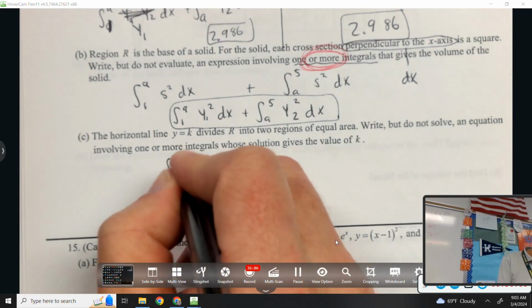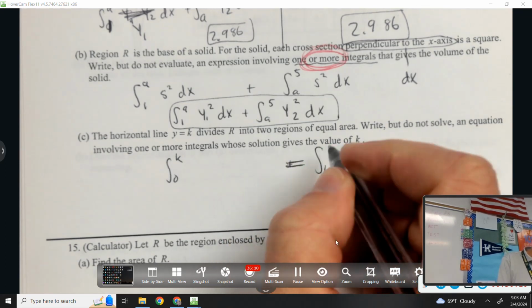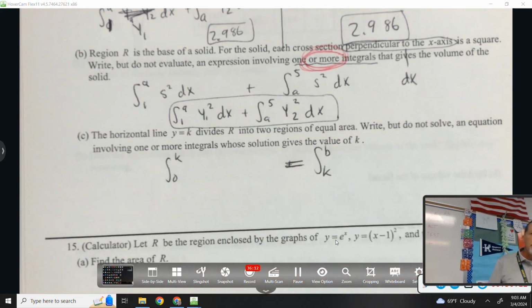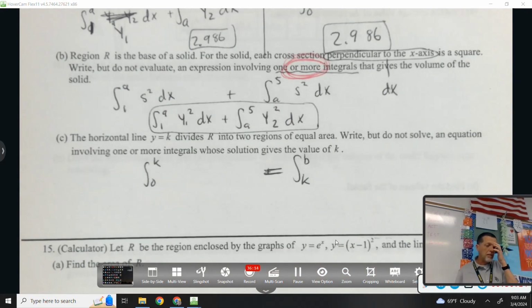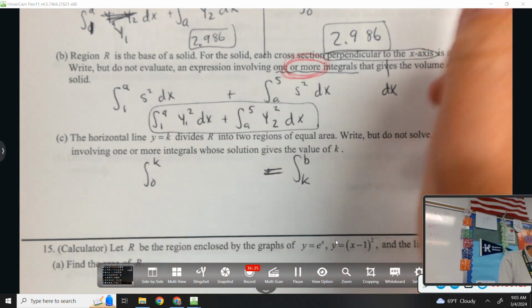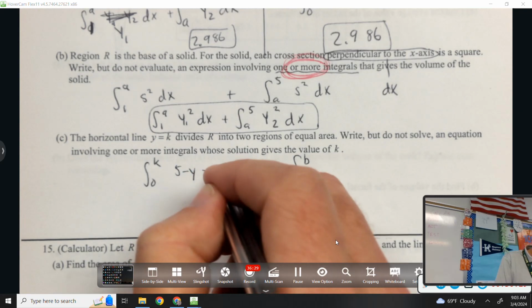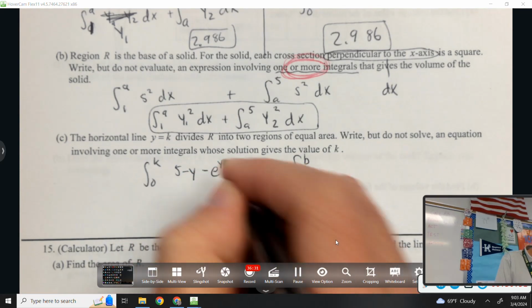So I'm going to go from 0 to k equals the area from k to b. I already found out what b is. That alone probably gets you a point on that problem. Right minus left, we did this already, is 5 minus y minus e to the y.